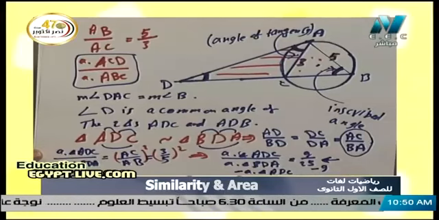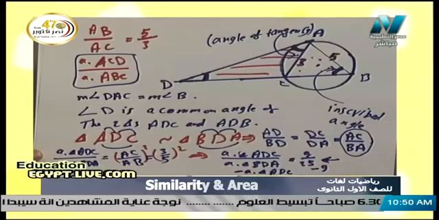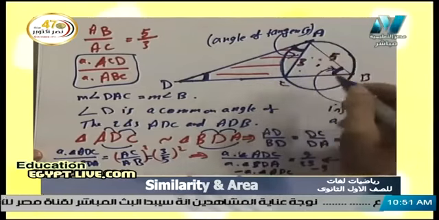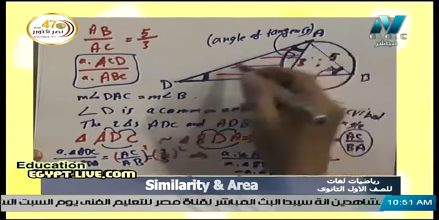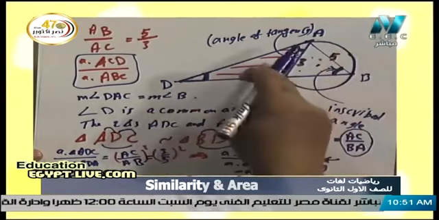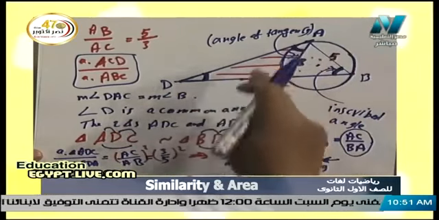Okay? Again, to get the area of triangle ACB from the whole triangle ADB, we must subtract this triangle, which is ADC.